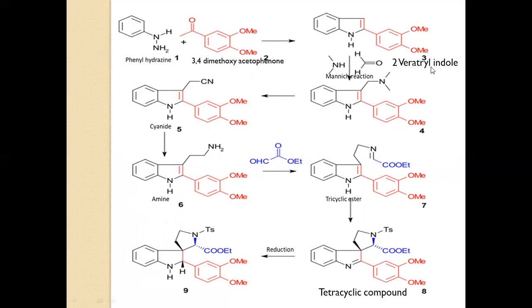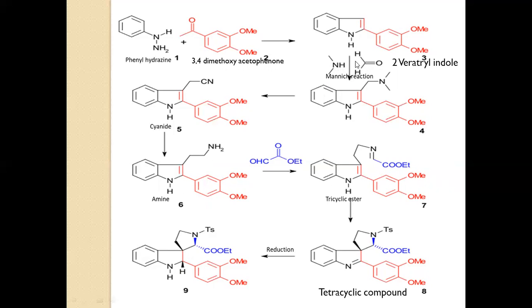Now, this 2-veratryl indole undergoes the Mannich reaction. We studied the Mannich reaction in the first year, second semester, name reactions. So here we can see it undergoes the Mannich reaction, so that they react with the amines in the presence of water to form the corresponding product.